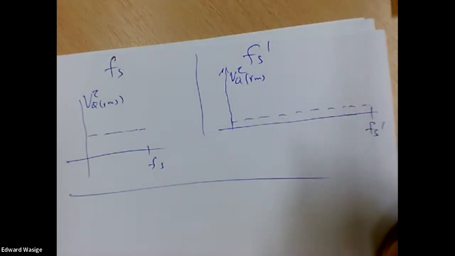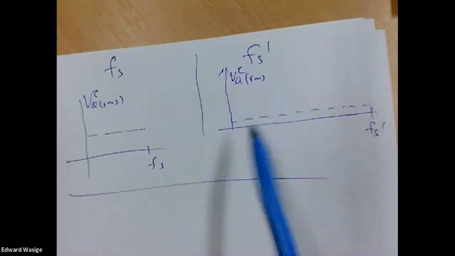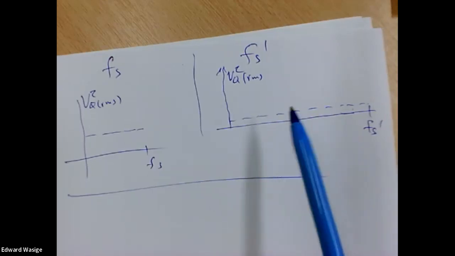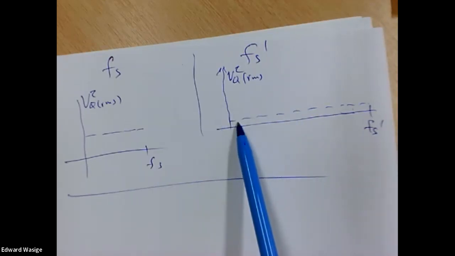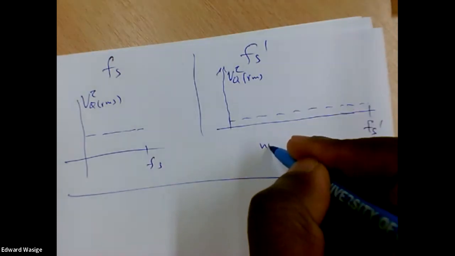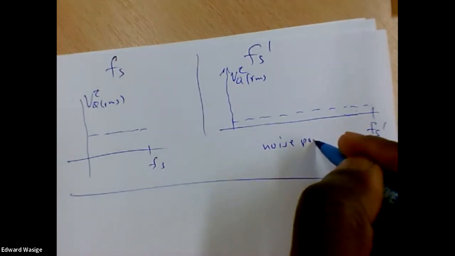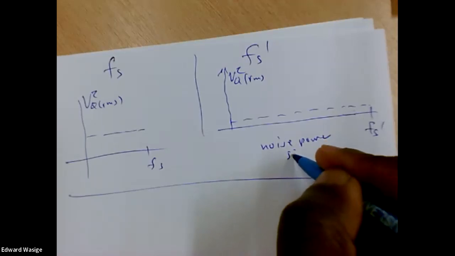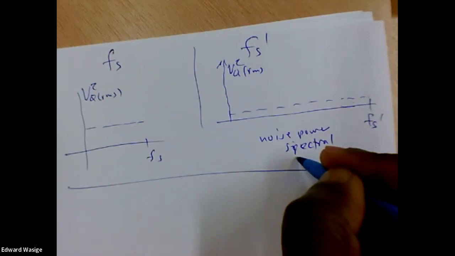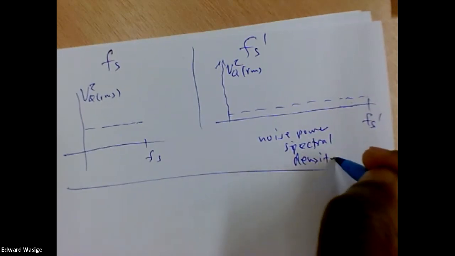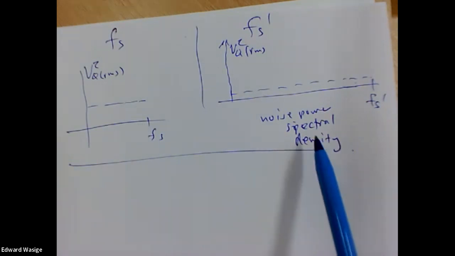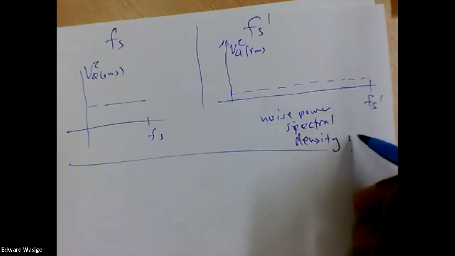So the noise power across this band is the same as the noise power there. So the noise power spectral density here is reduced. So we can say noise power per unit frequency. When we say spectral density it can be confusing, but it's essentially the noise power per unit frequency, or noise power spectral density is reduced.